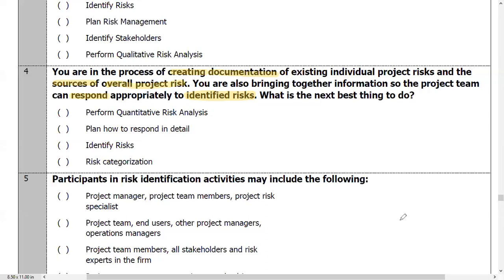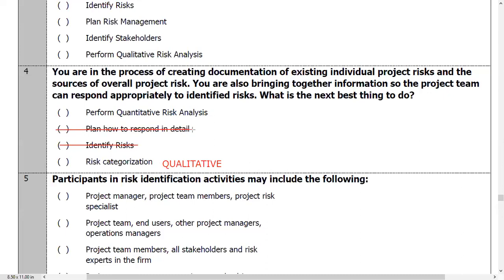So, let's take a look at what they are talking about here. Risk categorization, I'm reading from the bottom. Risk categorization is really what you do in a process of risk management known as perform qualitative risk analysis. Identify risks, we know what that is. That is what we're doing right now, so that cannot be the answer. Plan how to respond in detail, that would be plan risk responses.